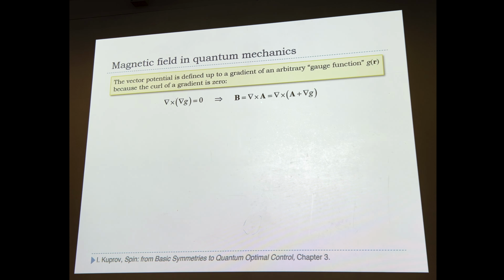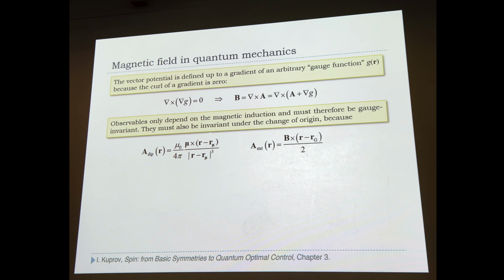And so our magnetic field then, because it's the curl of the vector potential, has this extra liberty inside. If we add a gradient of any function to the vector potential, then the magnetic field is not going to change. So it's called a gauge function, and again this is something that is arbitrary in the definition of the vector potential.